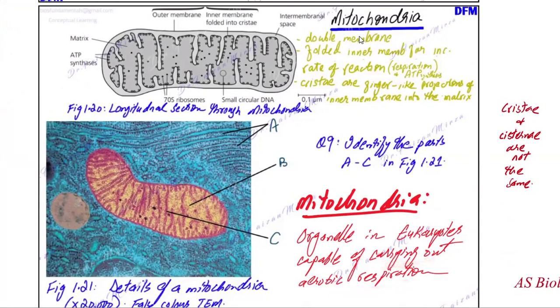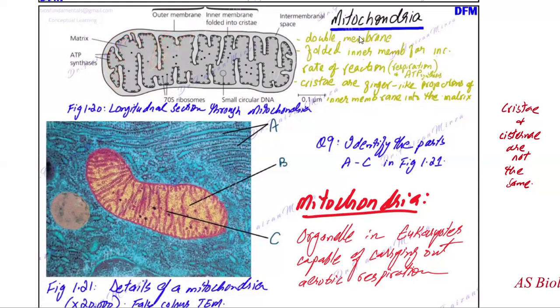Inside the mitochondria, we have a double membrane. So mitochondria is an organelle, apart from the nucleus, having a double membrane. The outer membrane is straight or linear in structure, whereas the inner membrane is folded inwards into finger-like projections. The inner membrane is folded and the finger-like projections are called cristae.